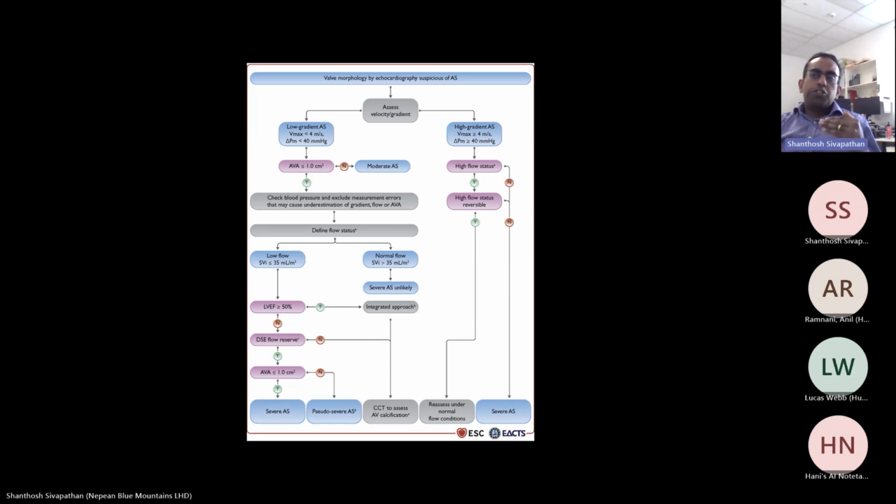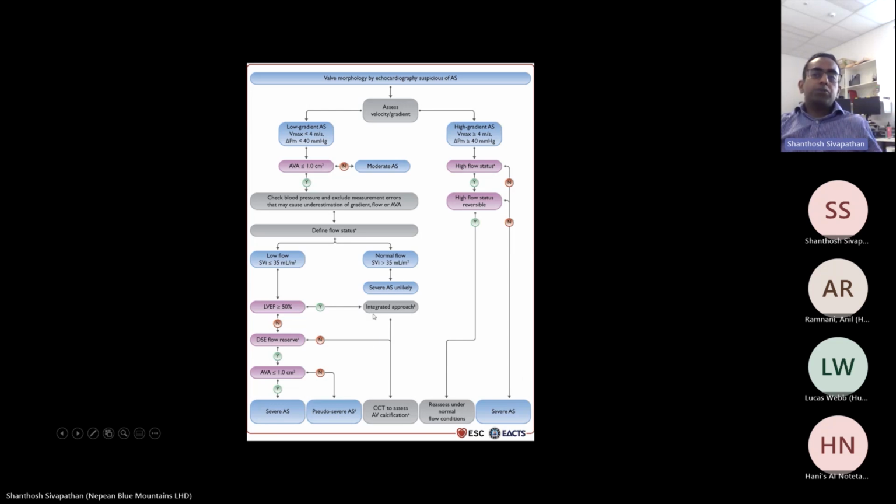I will use the dobutamine stress echo to try and figure out the contractile reserve of the LV. If there's a reserve, and the LV is really contracting, and the valve is then able to open up properly because now it's got that force across it, then this is where you call it pseudo-severe aortic stenosis.